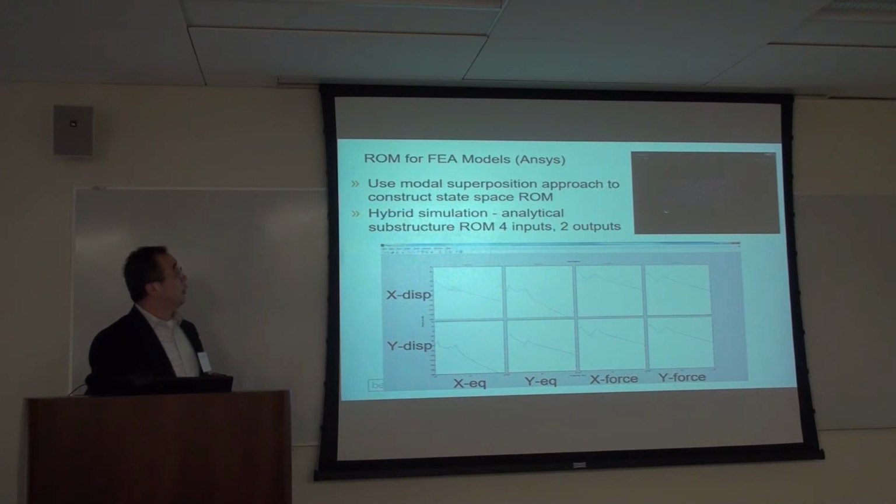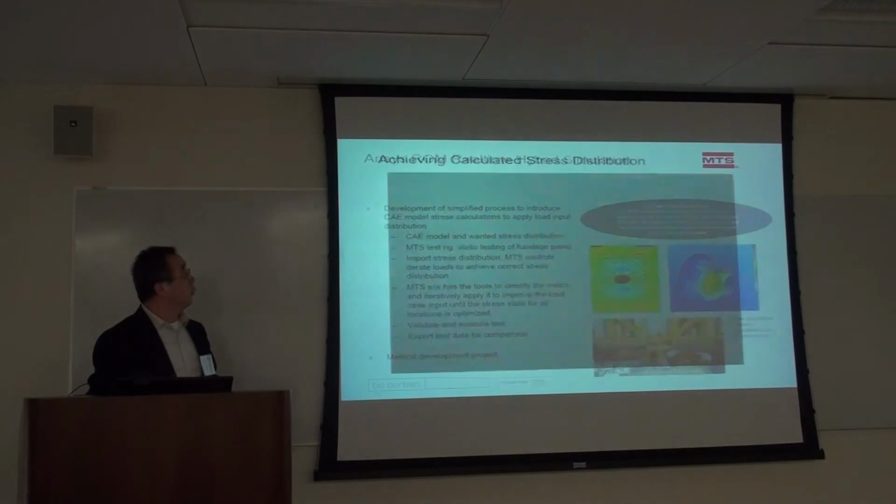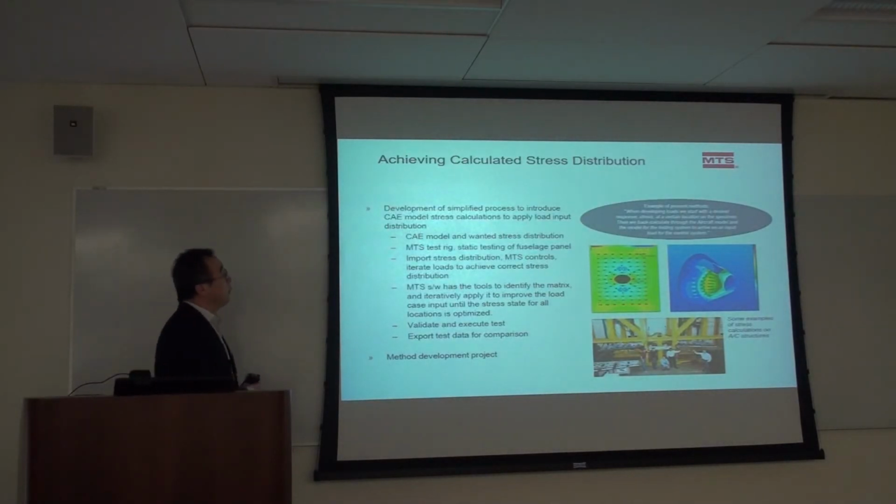In aerospace, a lot of times the model is very complicated, so you need to do a reduced order model. Dr. Gao just explained that, so I'm not going to repeat it. And also, we see the trend to use models to help the physical test.